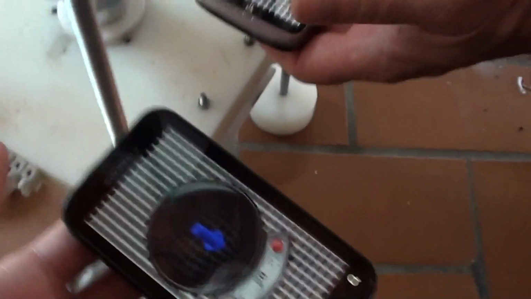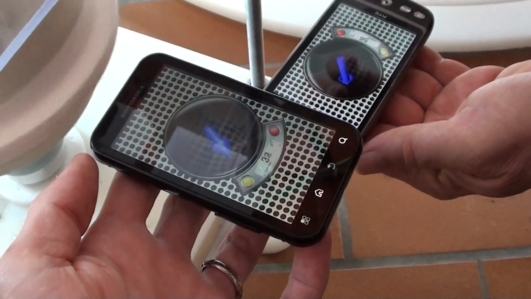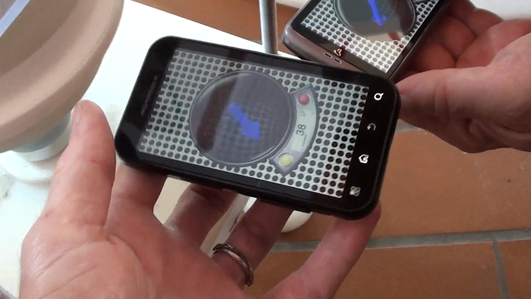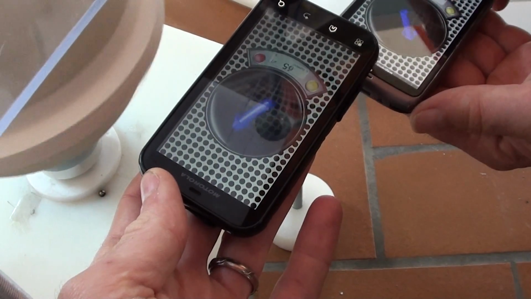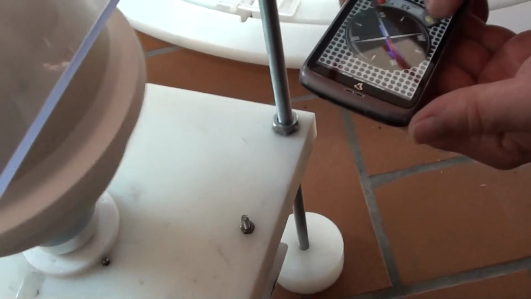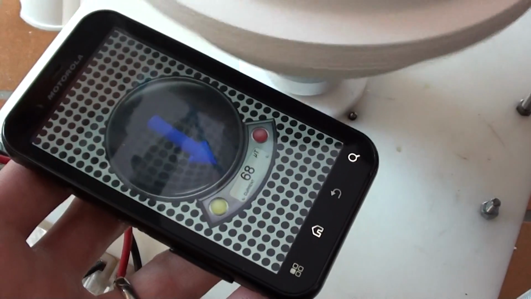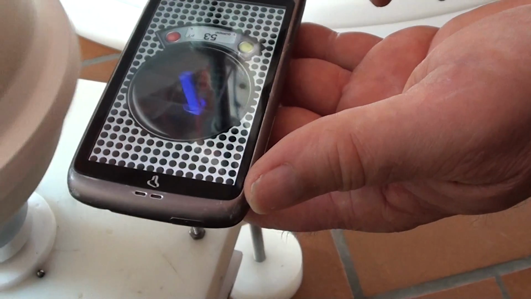Can I move there, John, just to have a look? So what does your phone do? Now it's stable. Now it vibrates.